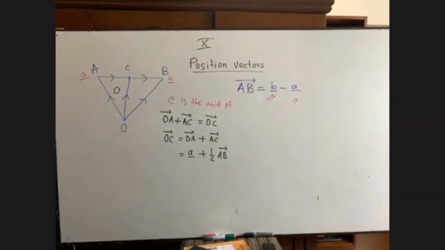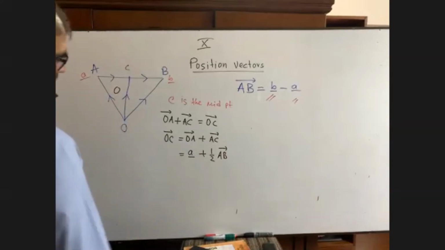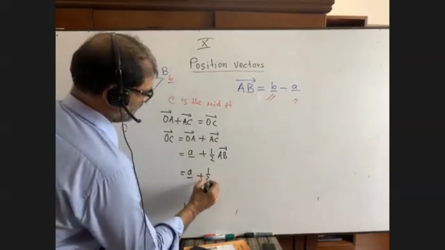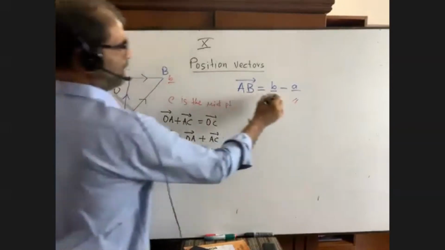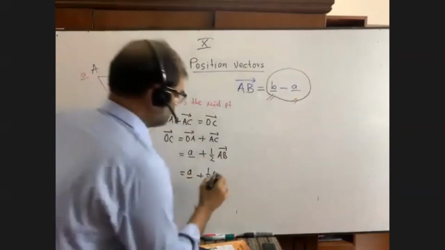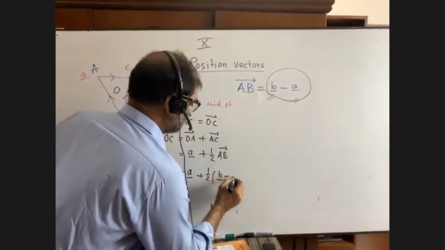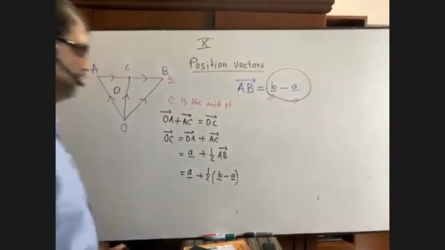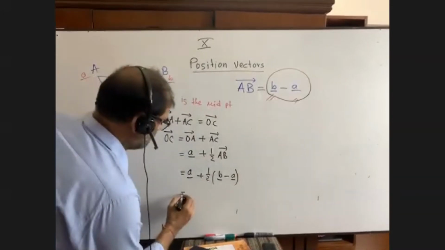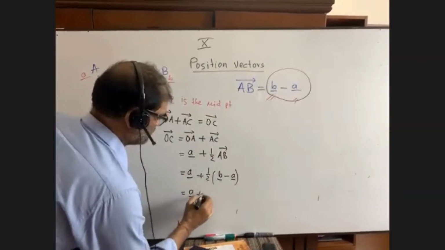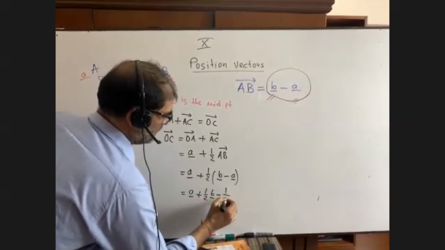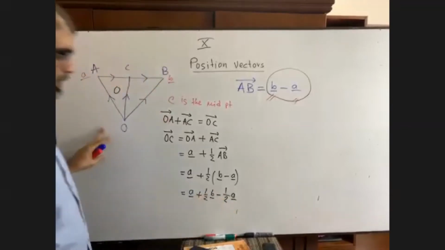Are you getting me, please? Okay. Yes, sir. Now, it is A. What is AB? I have already found AB equals B minus A. This is the formula that can be used. So AB equals B minus A. Now if we calculate, we will get A plus half of B minus half of A. Right?